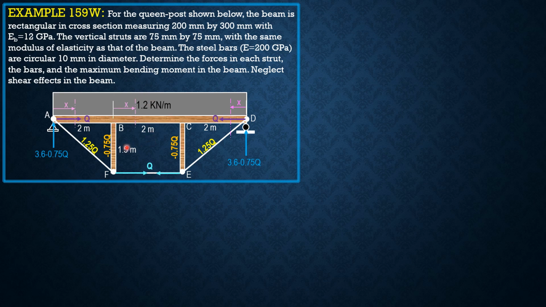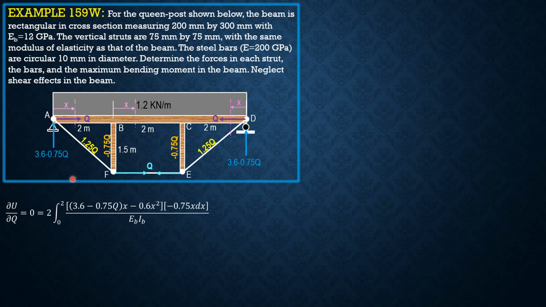So let's have another sectioning. So partial of U with respect to Q equals 0 equals 2 times integral from 0 to 2 for this segment and this segment here. The moment about this section is quantity 3.6 minus 0.75 Q times X minus the moment of the load, which is 0.6 X squared or 1.2 times X over 2.